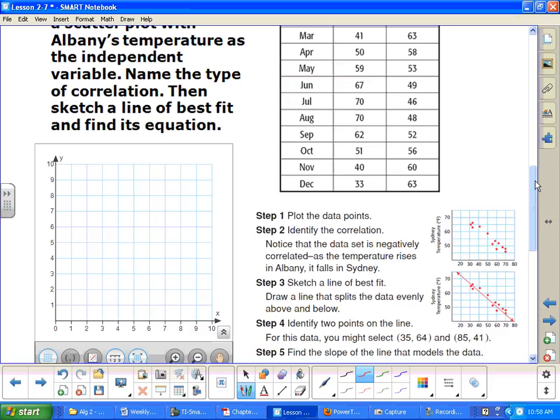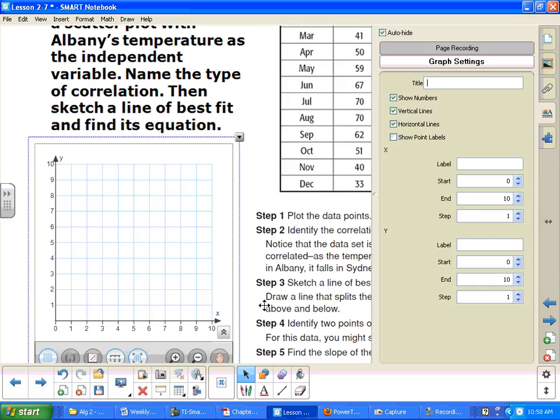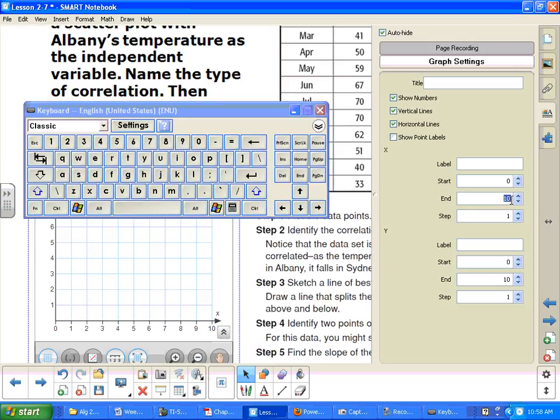So I'm going to change my scale on here a little bit. So my properties. I'm going to go up to, let's see, 80 for our x, and we're going to go by tens.